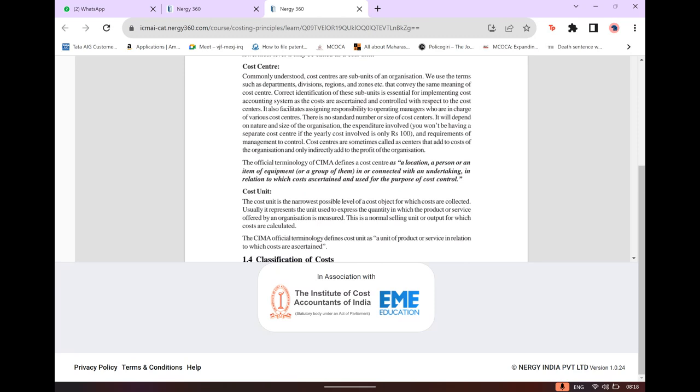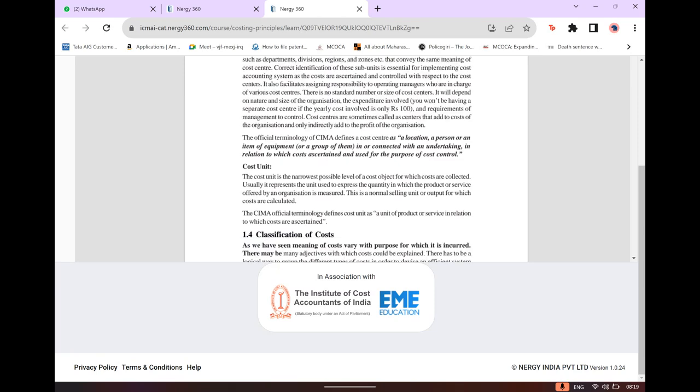You have four machineries. Each of the machinery, what you produce out of it can be considered a cost center. So that is the definition of cost center. Next we come to cost unit. Cost unit is the narrowest possible level, so the unit of the cost is a cost unit.